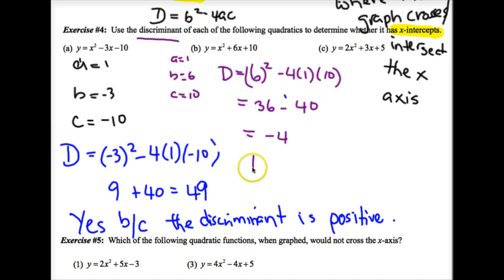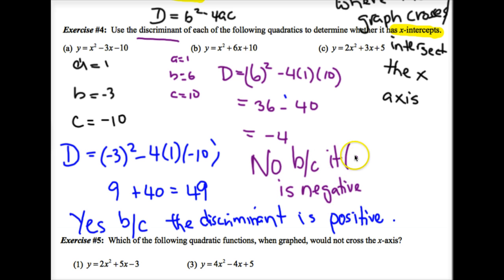So in this case, no, because it is negative. In this case, my discriminant was negative. That means it will not have an x-intercept. Here it was positive. That means yes, it will have an x-intercept.